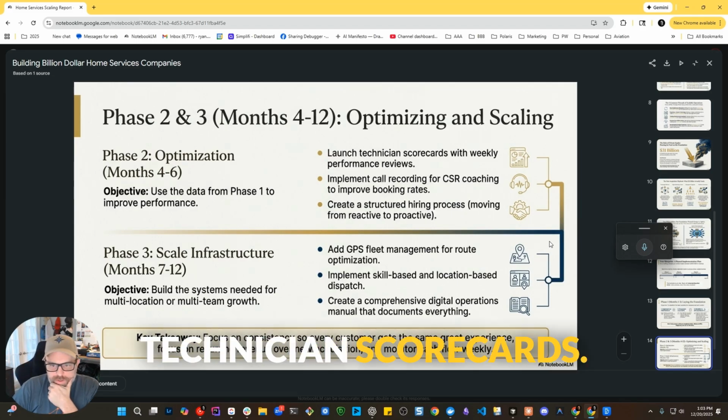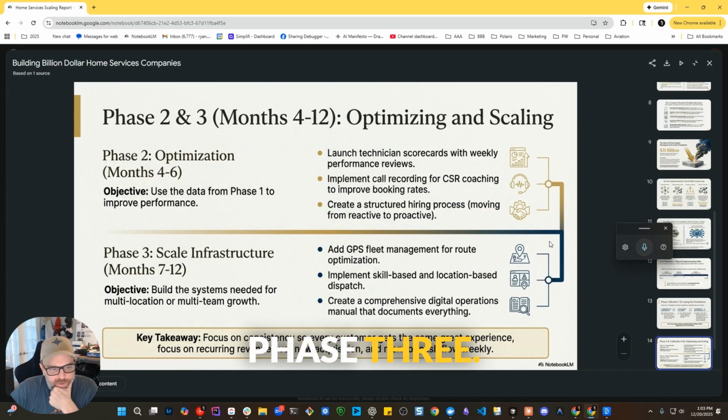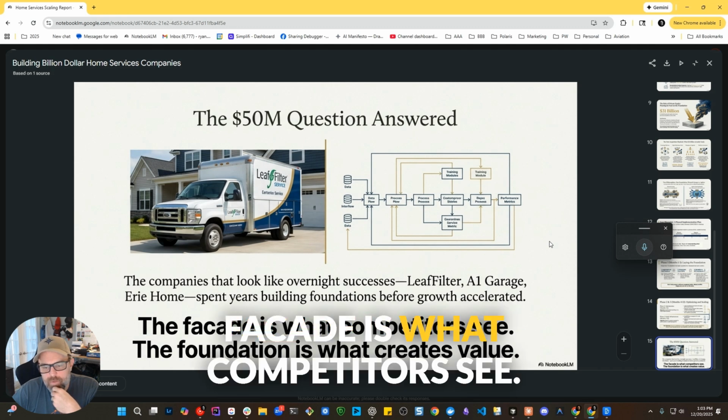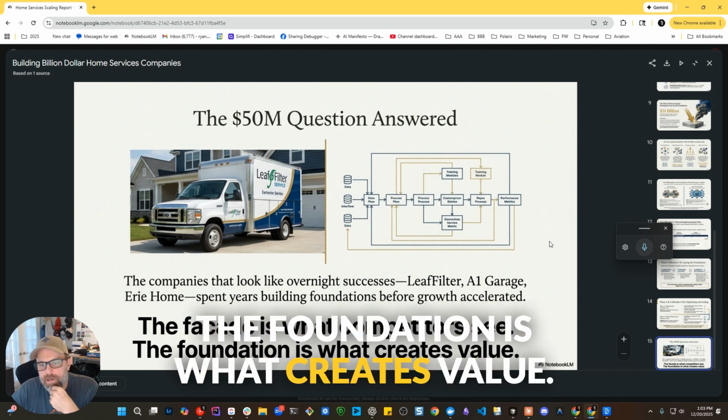Technician scorecards. Phase 3. Awesome. The facade is what competitors see. The foundation is what creates value.